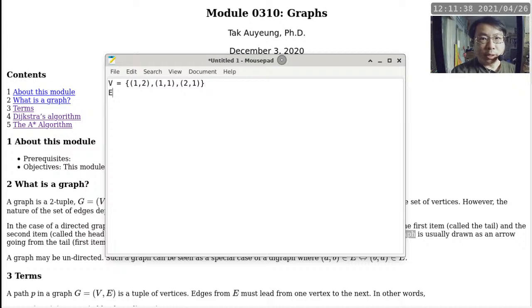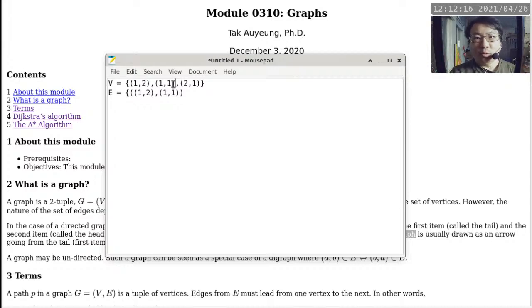So now when we look at E, one potential E, because remember E is a subset of the Cartesian product of V and V, we can now have (1,2) and (1,1). That can represent an edge. In other words, this (1,2) is representing a single point somewhere, a single element as a vertex. This (1,1) is representing another vertex. Now, why is it represented as (1,2) and (1,1) instead of lowercase a and lowercase b? I don't know, I'm just using this as an example.